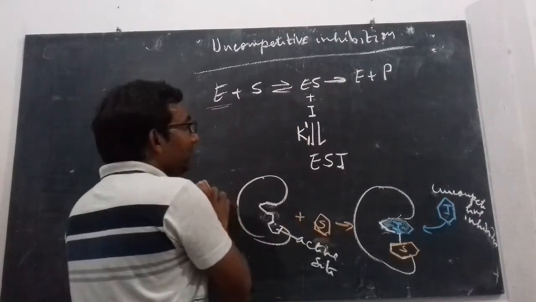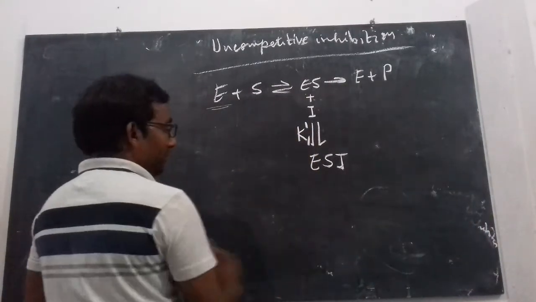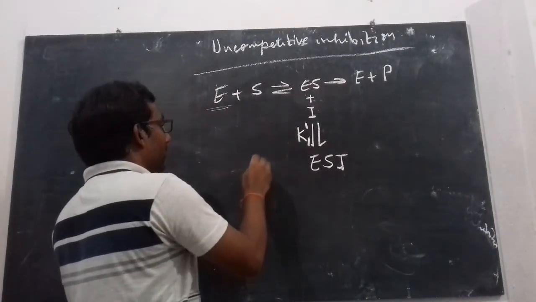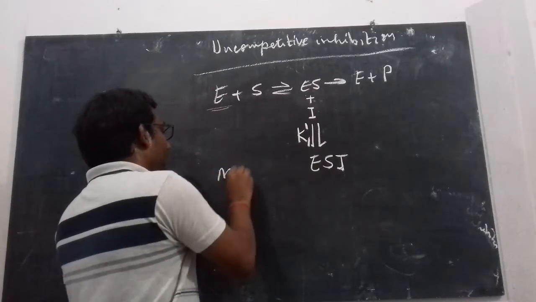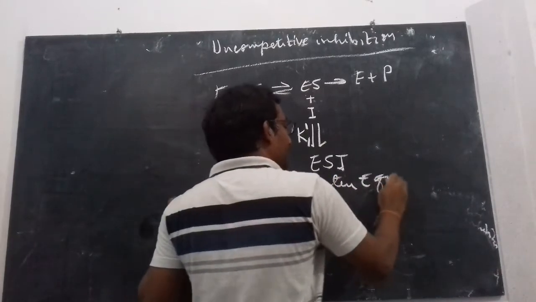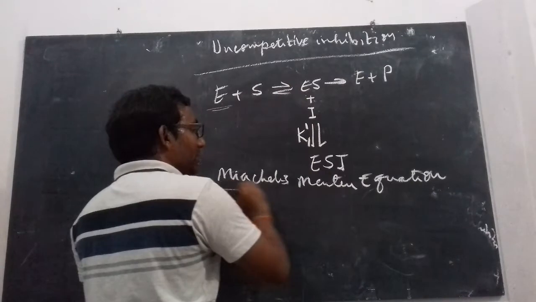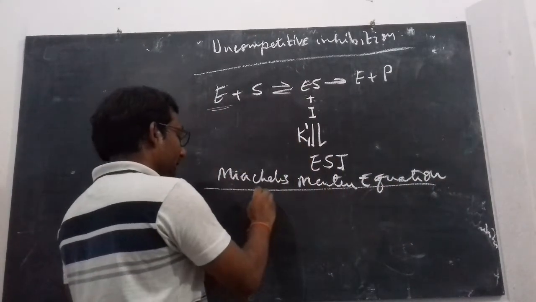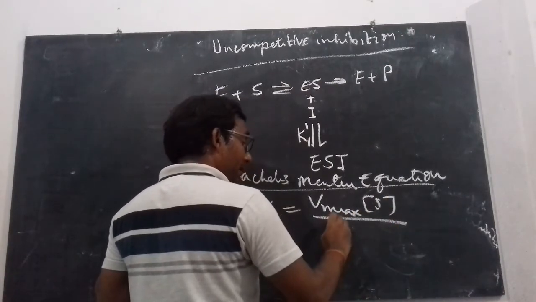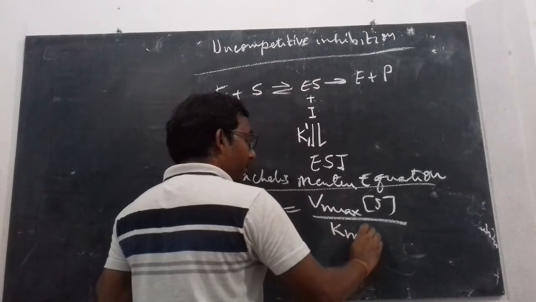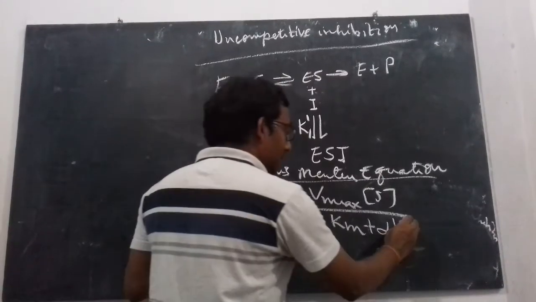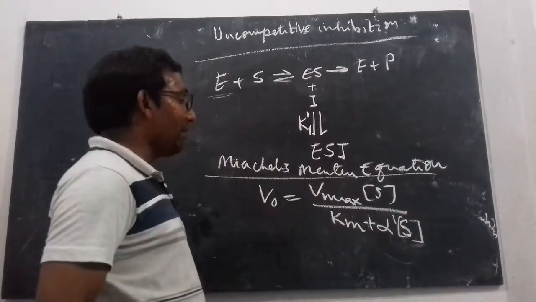Now if you write the Michaelis-Menten equation for this, it will be changed a little bit. The Michaelis-Menten equation is V naught is equal to V max into S by Km plus alpha dash S. So what is alpha dash?